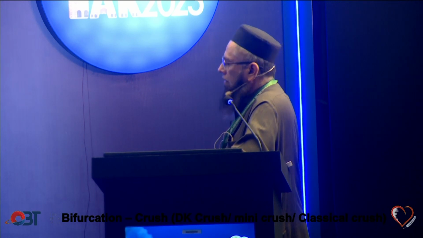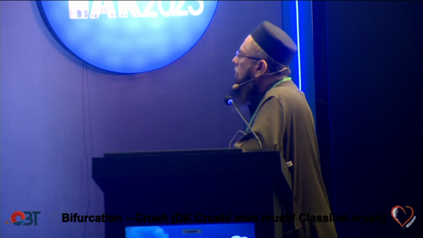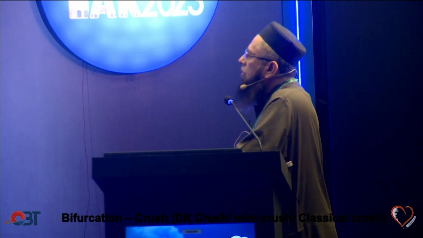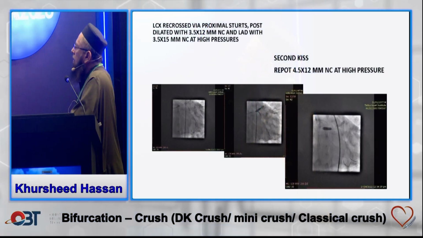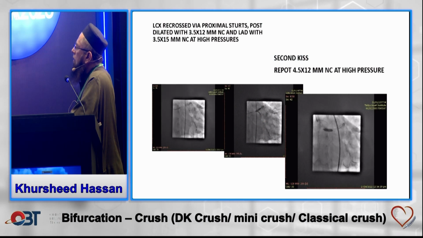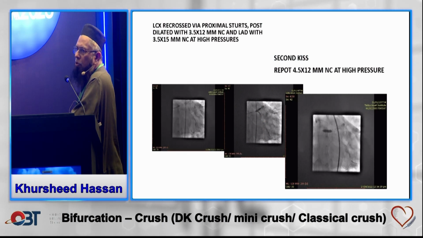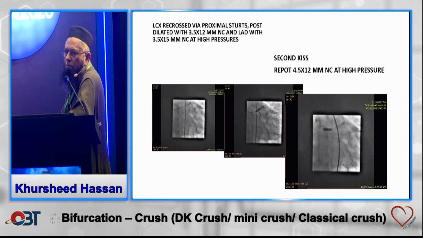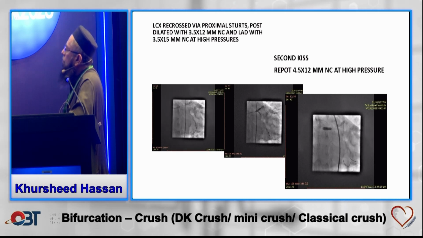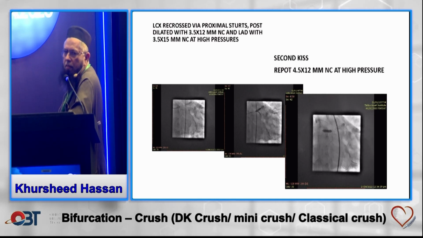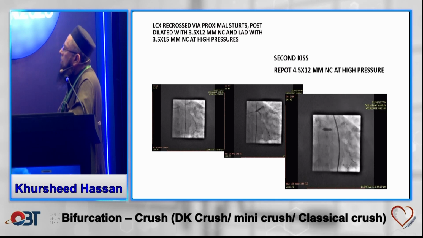And then you cross over into the circ and dilate the circ, and because this is a big circ, I post-dilated it with the 3.5 non-compliant, and another 3.5 for the LAD. And then simultaneous kissing, this is the second kiss.